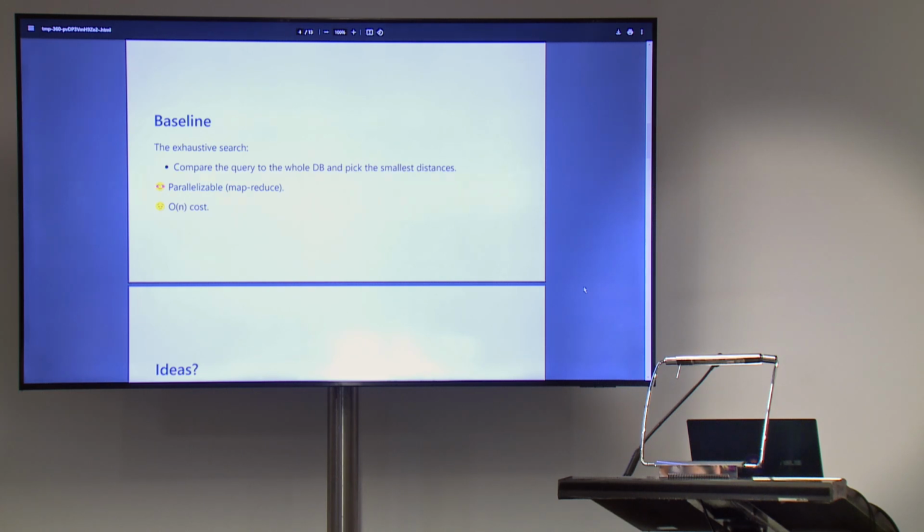I always insist: you calculate distances, then you have an object which is a distance, and you can compare distances to find which one is the smallest. So that's a map reduce. That is very expensive. That's the big problem with that, obviously.